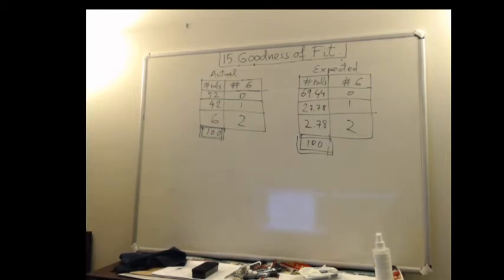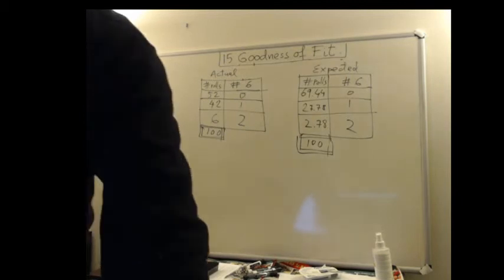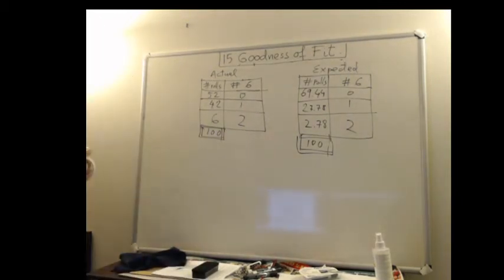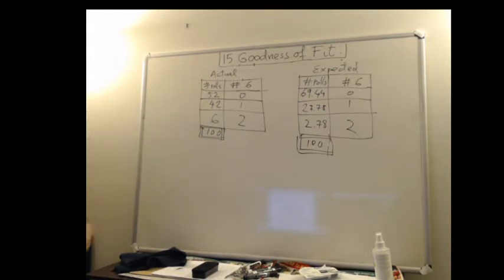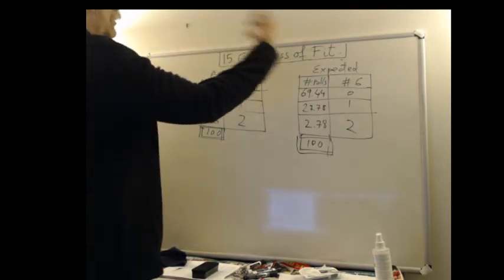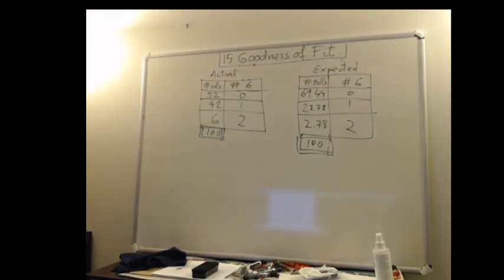We have Pearson's theorem. Karl Pearson, again, the statistician that we mentioned before. According to his theorem, if you subtract actual minus the expected value, square that, divide it by the expected value, and sum that over every category, you will get, if it's actually distributed as expected, a chi-square random variable.